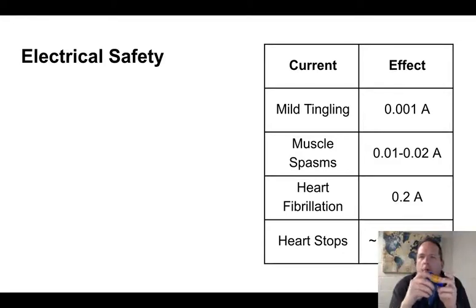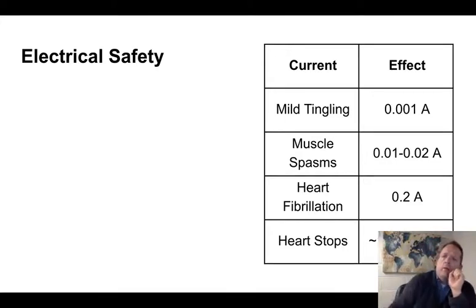There may be a very small current flowing through me, but you have to get it up to even 1 milliamp to get a mild tingling, and I'm not getting anywhere near that when I touch those 2 ends of that battery. But muscle spasms occur for most people somewhere around 1/100th to 2/100ths of an amp, so if you increase the current tenfold from mild tingling, you'll get muscle spasms.